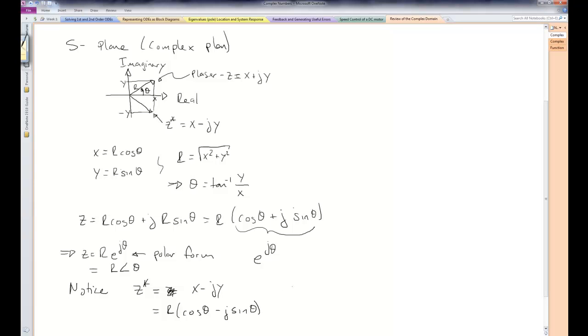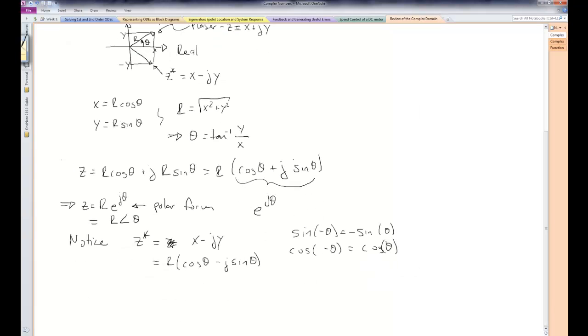Since the sine of minus theta is equal to minus sine of theta, and cosine of minus theta is equal to cosine of theta, we can write that the conjugate of a complex number is just r times e to the minus j theta.